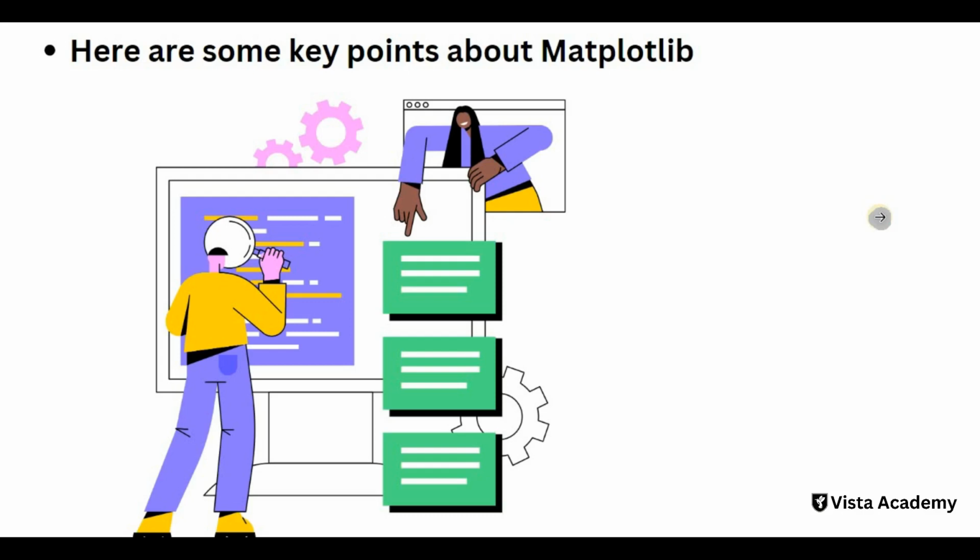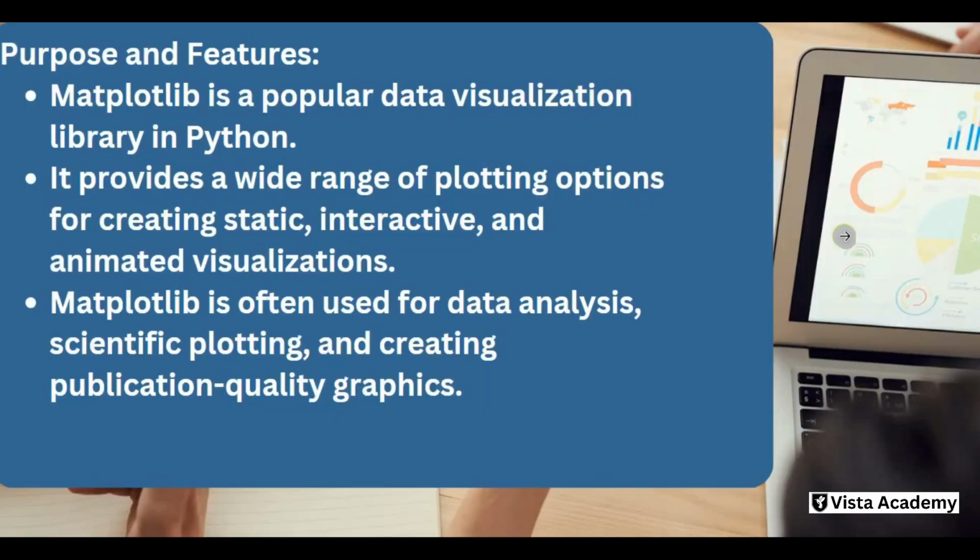We will understand the key features of Matplotlib and how it helps in creating charts. Purpose and features: Matplotlib is a popular data visualization library in Python. The first point is that one of its purposes is creating charts. Second, it provides a wide range of plotting options for creating static, interactive and animated visuals.